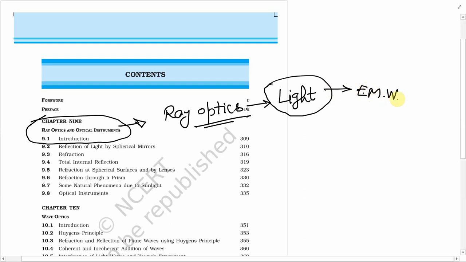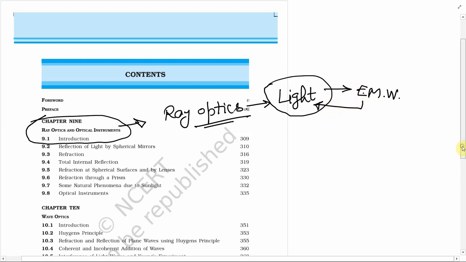In this chapter itself, we'll come to know that light is also an electromagnetic wave. So here we have got the connection between this new chapter, ray optics, and the story which we were following from the first book. So I think you got how these things are related.